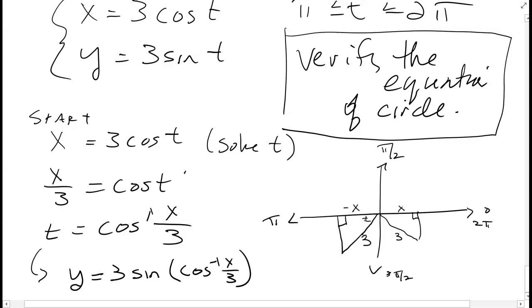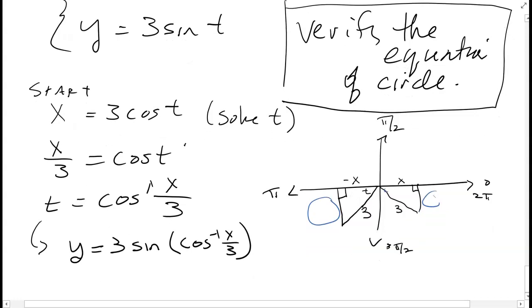To get sine of that same angle, I'm missing the third side because sine is going to be opposite. I get the third side by just doing the Pythagorean theorem. 3 squared equals negative x squared plus this side squared. We don't know what that is. So you're going to have the square root of 9 minus x squared for that side.